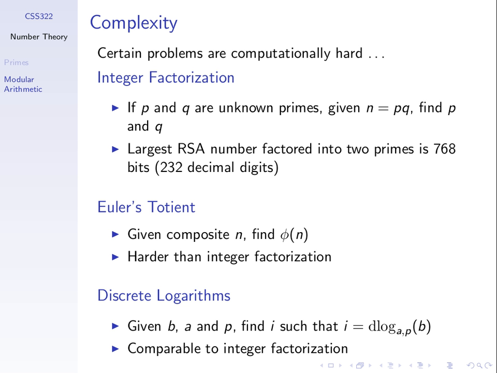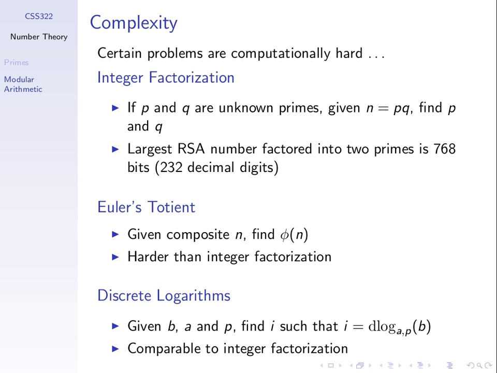That is, this is harder than this problem. Because as we see, what's the totient of 34? 34 is not prime, so you need an algorithm to go through and find all the numbers less than 34 relatively prime with 34. All right, you can do that for 34. Now take a 300-digit number and find all the numbers less than that which are relatively prime with that, and that's unsolvable in reasonable time. So finding the totient of some number n which is not prime is hard.